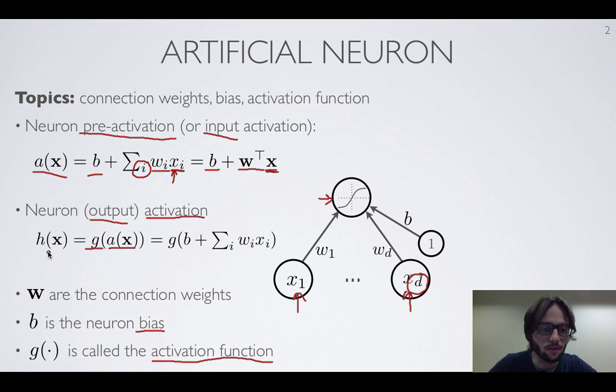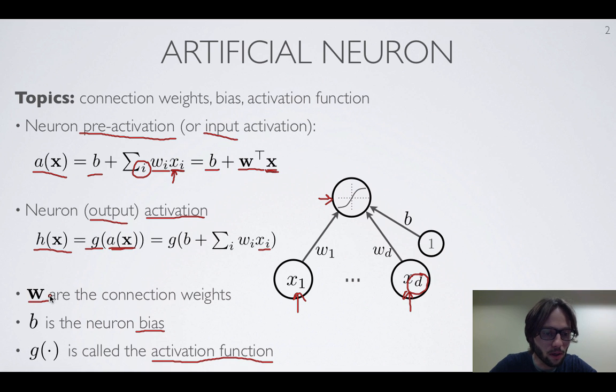So the output activation, I will often note it as h(x), and that will be the activation. If I don't say output, if I just say activation, I mean the output activation of a given neuron. And so if we put the expression for a(x) explicitly, it will be the activation function applied on this linear transformation of the input vector made of the elements xi.